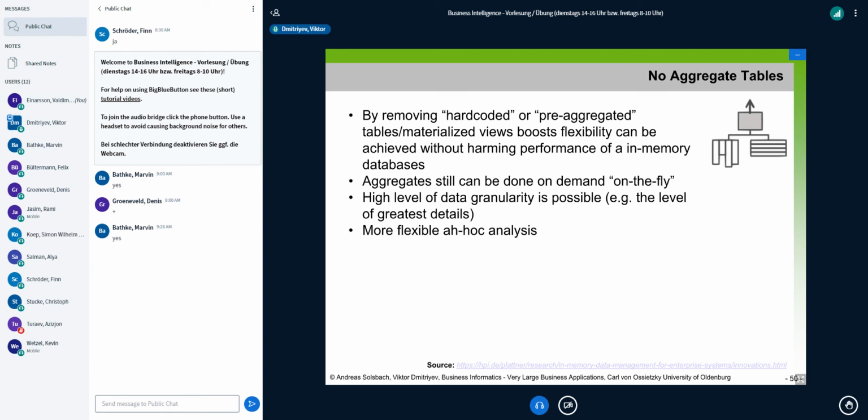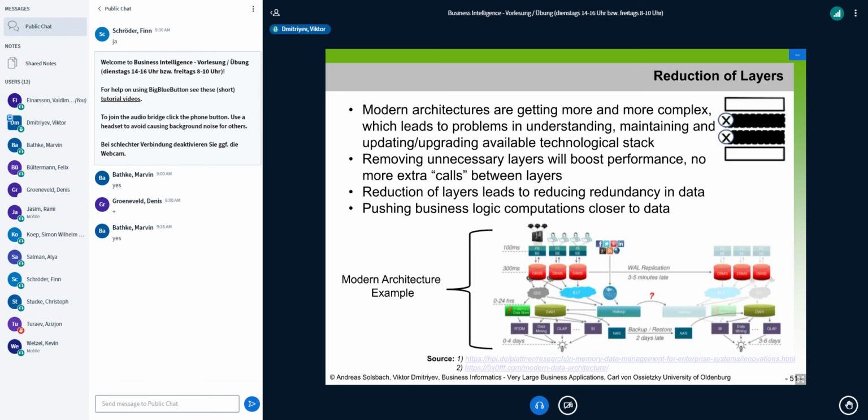As I already mentioned, there are no aggregates, so you don't need them because you're really fast. And no aggregates means less space, which costs a lot. Reduction of layers is also quite important to understand. Each new layer that you add to your system, whatever system you're speaking about, makes it a bit more complicated. And by using in-memory databases, you're getting rid of some layers.